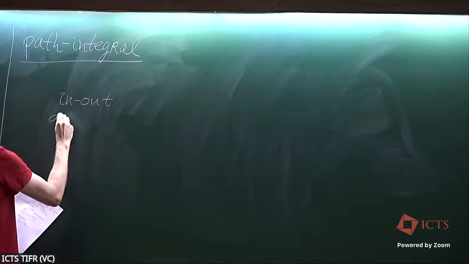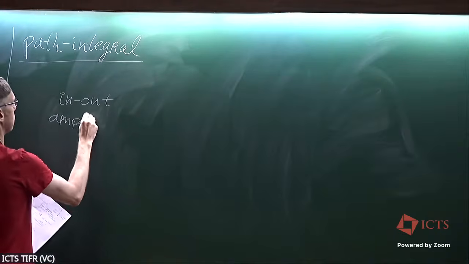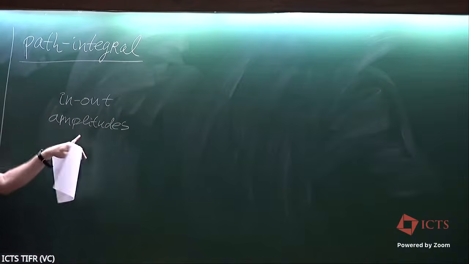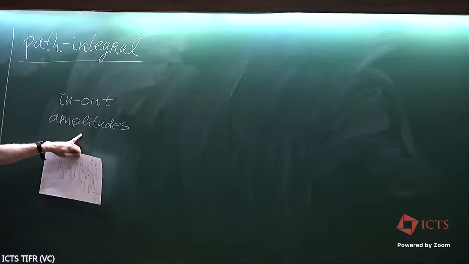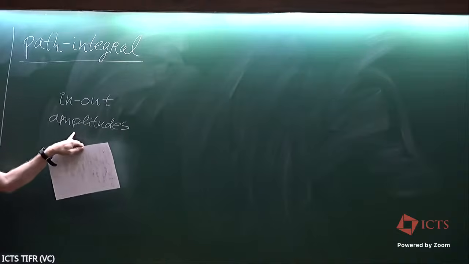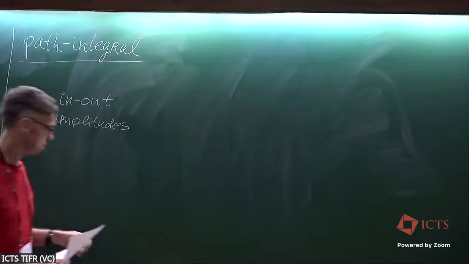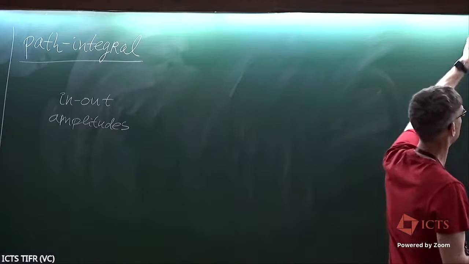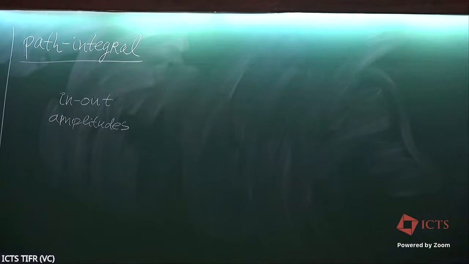in-out amplitudes, where amplitudes are here in the sense of quantum mechanics or quantum field theory, right? So they are probability amplitudes. Or if you draw a picture for that, it would look the following.